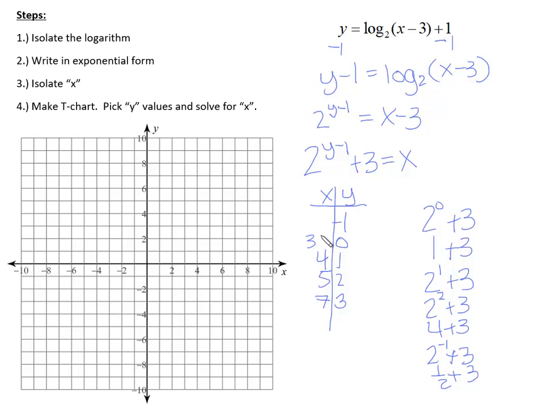So we can just leave it as the mixed fraction to estimate that graph, or 3.5. If I plug in negative 1, minus 1 more is negative 2. So we get 2 to the negative second, which ends up being 1 over 2 to the second power, or 1/4, plus 3. So we get 3.25.